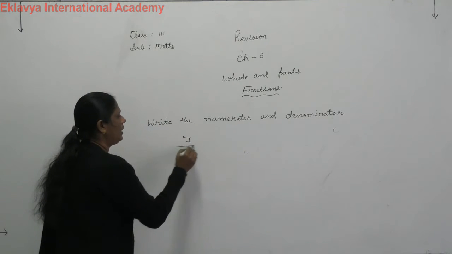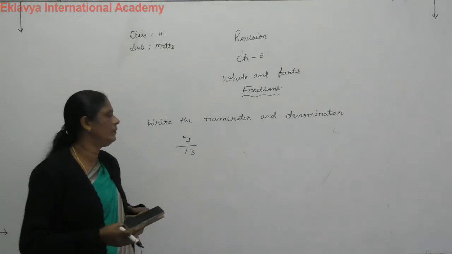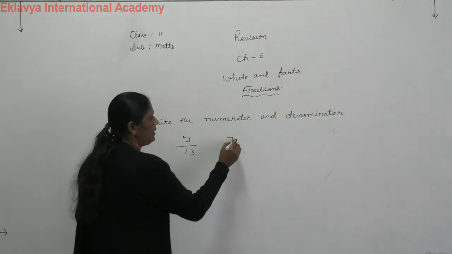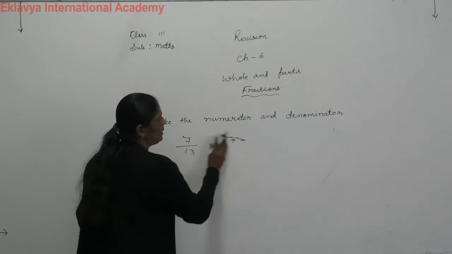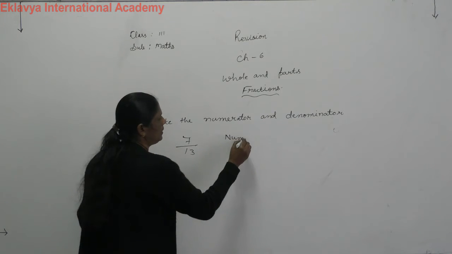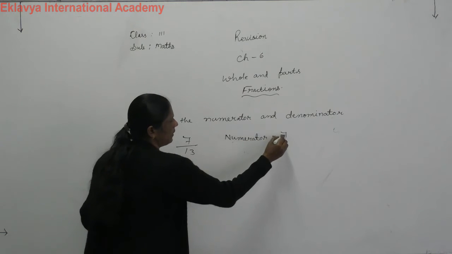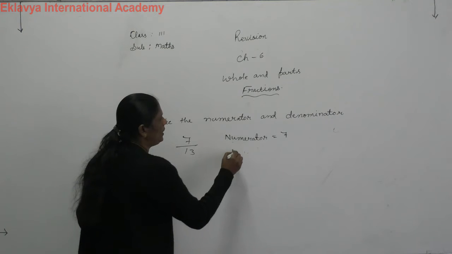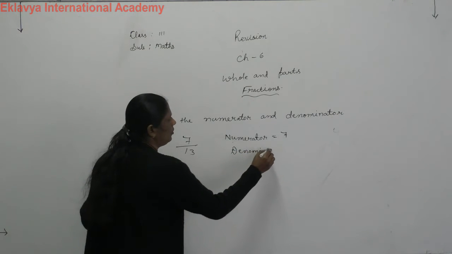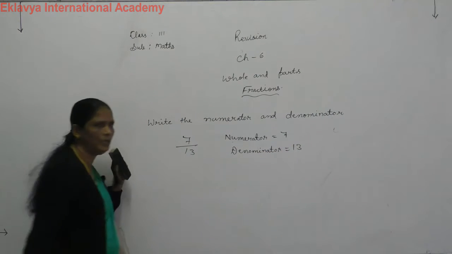Then 7/13. What is our numerator and what is our denominator? Then you write: numerator is equal to 7, denominator is equal to 13. Understand?